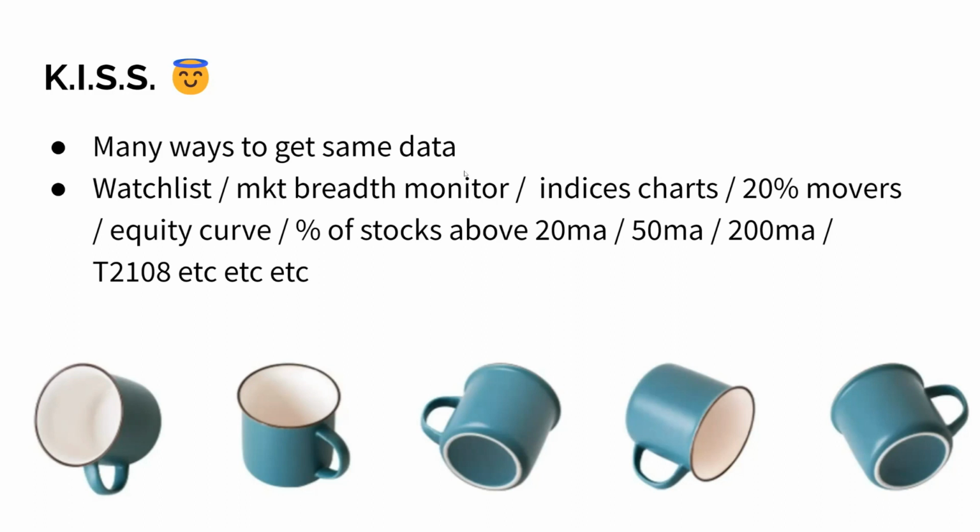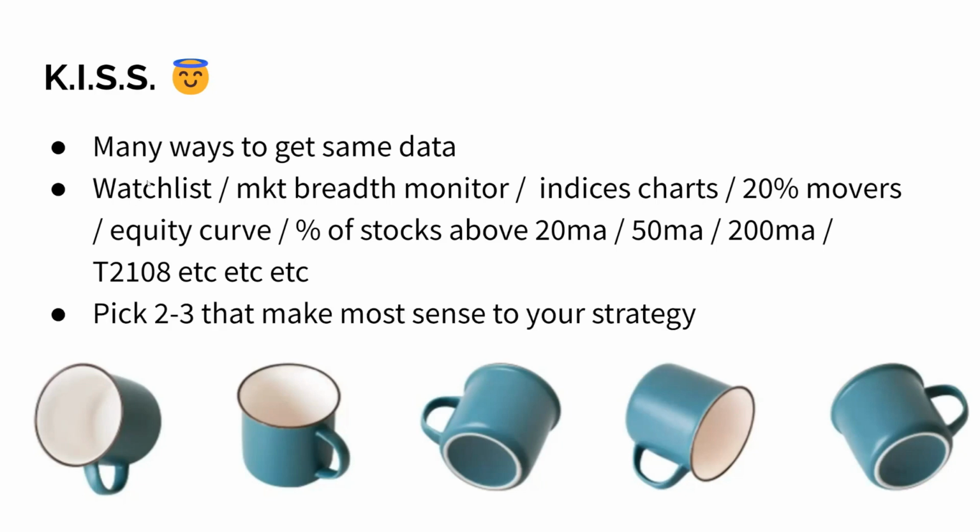So you can make your life very complicated by looking at the market condition from 50 different angles and creating an entire PhD thesis on your situational awareness every day and looking at all of these different things. But as you know, I like to keep things super simple.